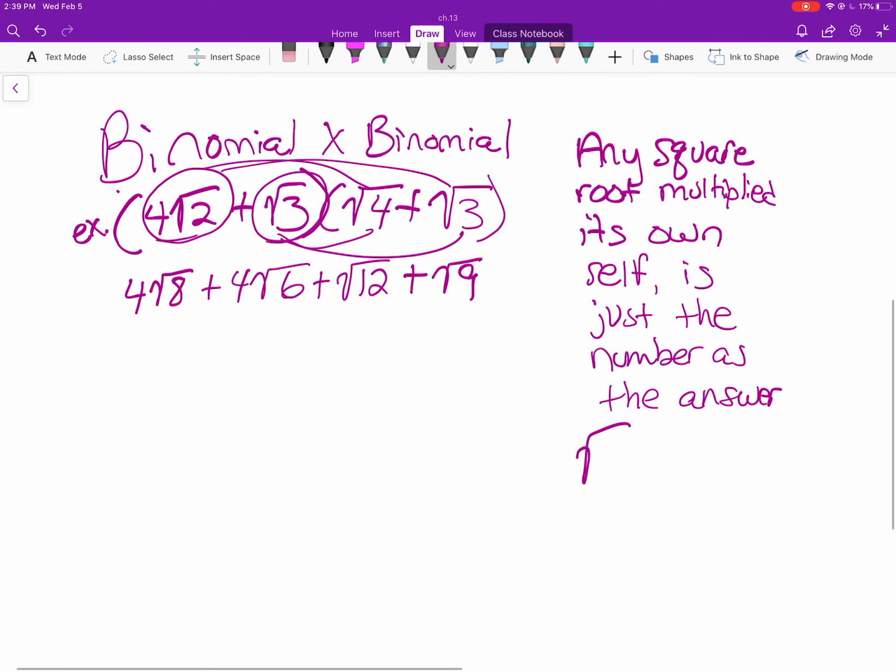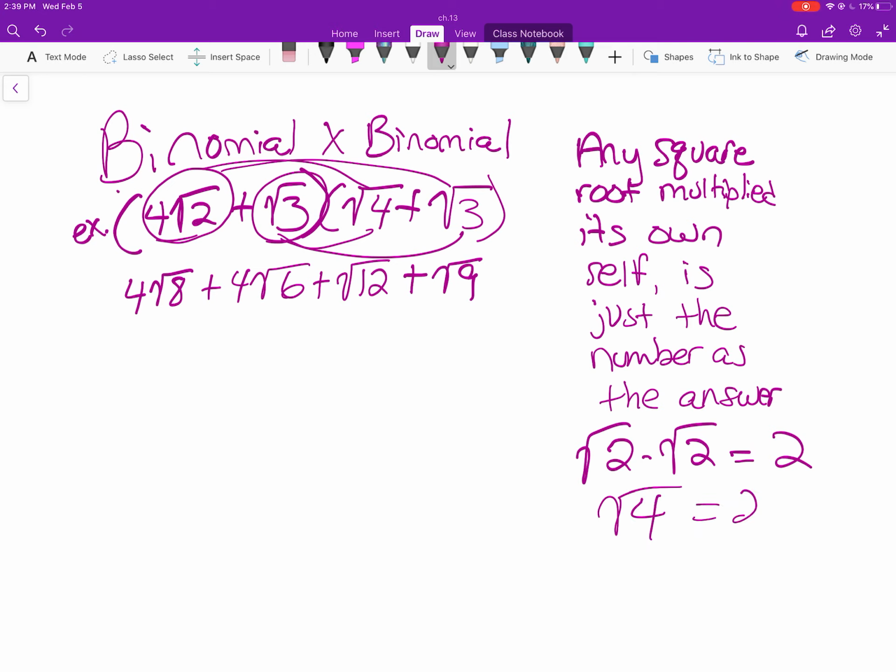So what do I mean by that? I mean like the square root of 2 times the square root of 2 is just 2. Why? Because the square root of 2 times the square root of 2 is the square root of 4. And the square root of 4 is 2. The square root of 3 times the square root of 3 is 3, because the square root of 9 is 3. That's why. Okay? All right, so we can break this down.